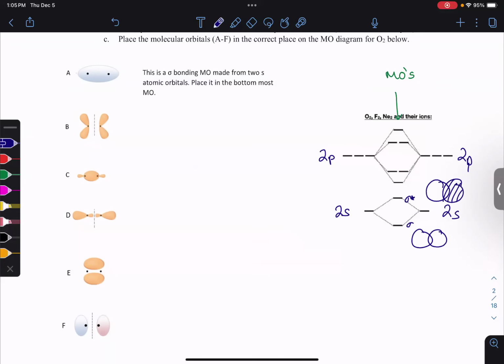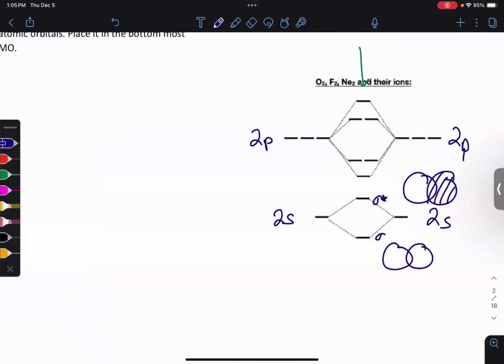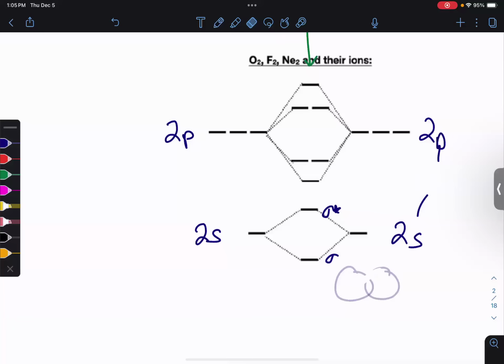All right, so you should memorize the orderings of these molecular orbitals for these different diagrams. I'm going to just erase this real quick. So if we start from the bottom, when we put everything together, it goes sigma, sigma star, sigma, but between p orbitals, pi, pi star, sigma star.